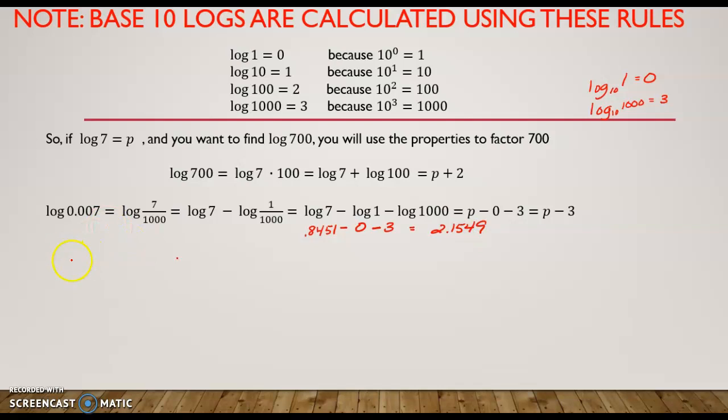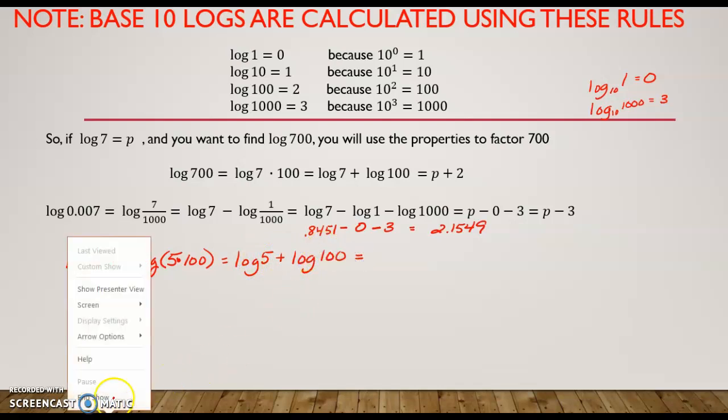Okay. If you had a log of 500, that would be the log of 5 times 100. So you'd have log of 5 plus log of 100.